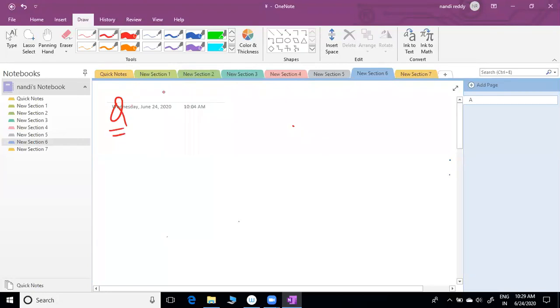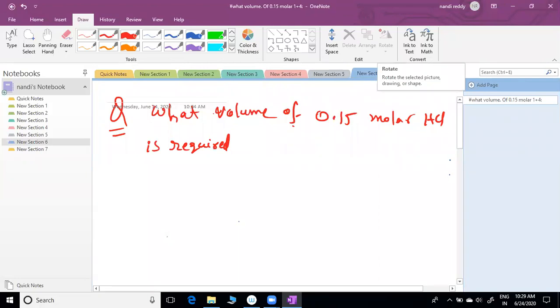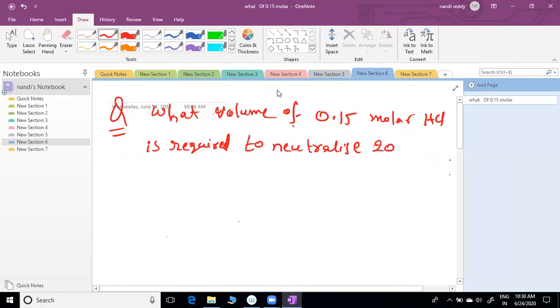Right, the question: what volume of 0.15 molar HCl is required to neutralize 25 ml of 0.120 M barium hydroxide?